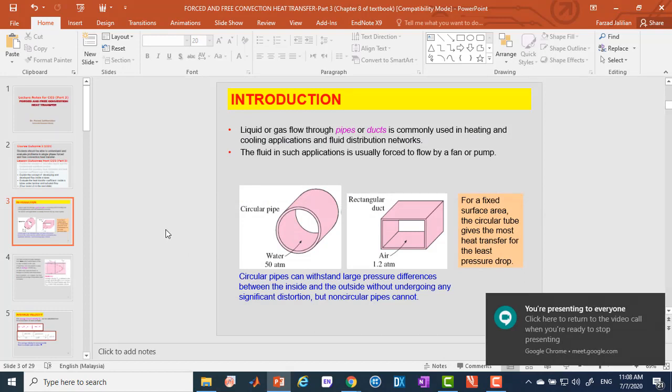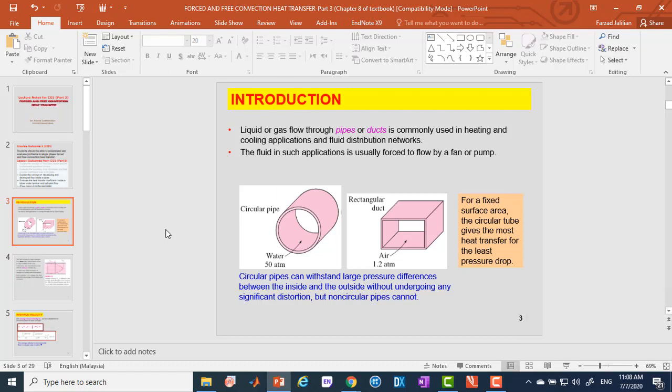And also its pressure drop. What is the pressure drop? When the fluid goes into the pipe, its pressure at the entrance will be different from the pressure at the end of that pipe, for example, if it is an open-ended pipe. Or even at any distance from the entrance, the pressure will be different and the pressure actually will be lower because of the frictional force between the fluid and internal surface of that pipe.